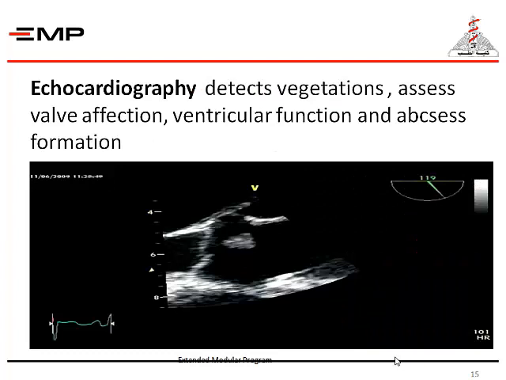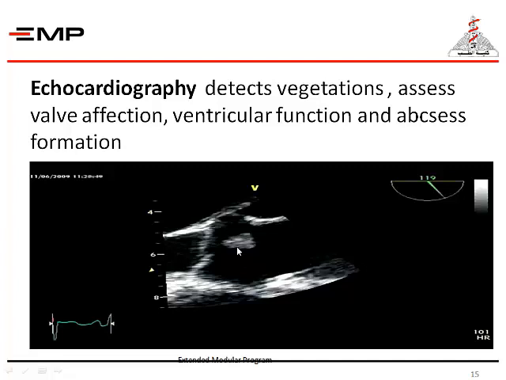Echocardiography detects vegetations, assesses valvular affection, ventricular function, and abscess formation. This is the vegetation, which is formed from the infective organism, platelets, and fibrin deposition.